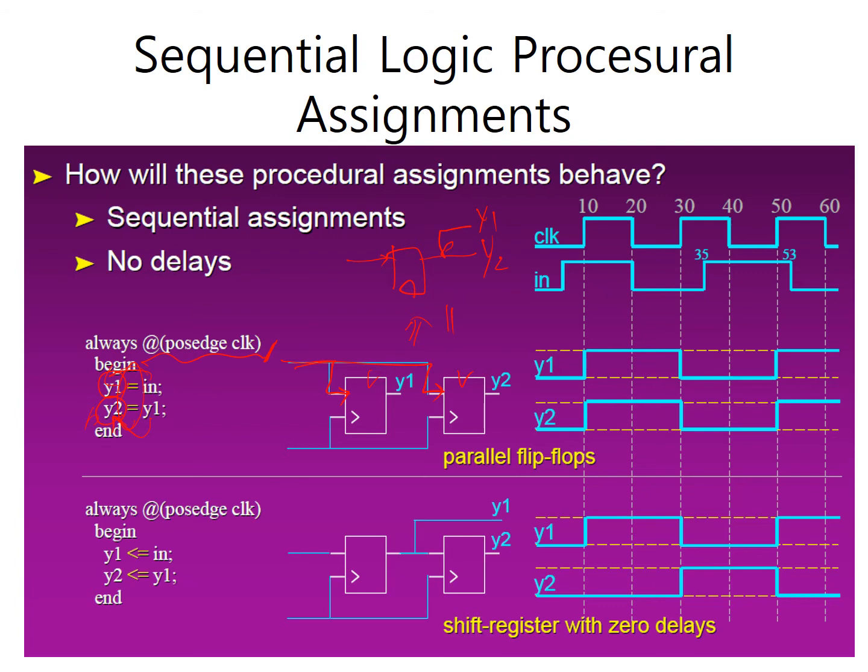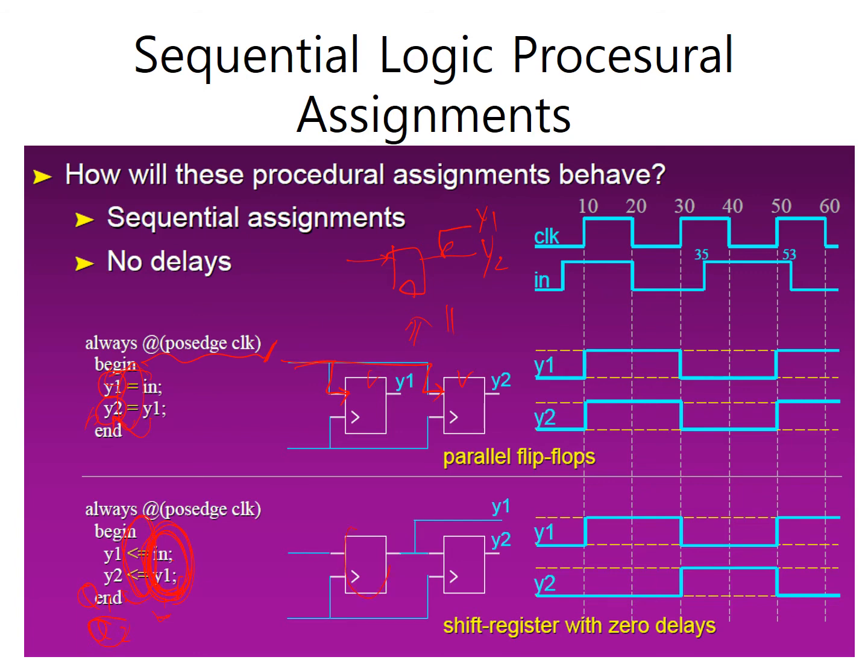So if you use non-blocking assignment here, then evaluation happens first, and then the actual assignment happens in the last state, like the Q2 state, right? At Q1 time we evaluate the right-hand side, and at Q2 time the actual assignment happens, right?